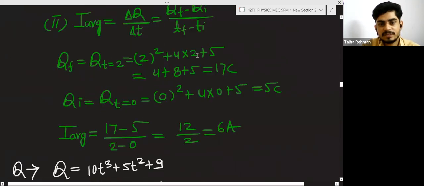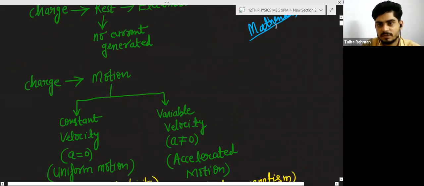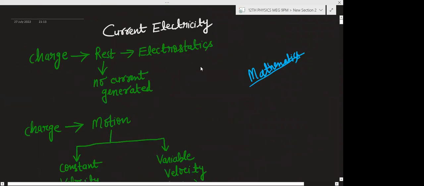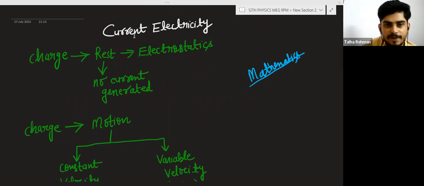Earlier I have discussed this; I'm just giving the idea of what I have discussed. This chapter is current electricity, the second unit.